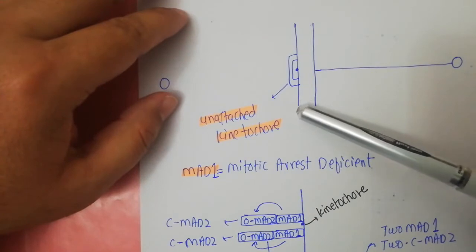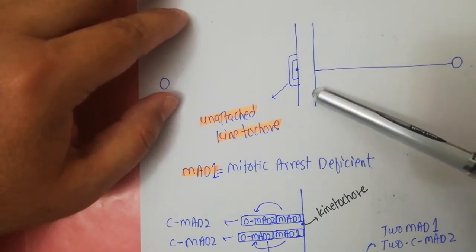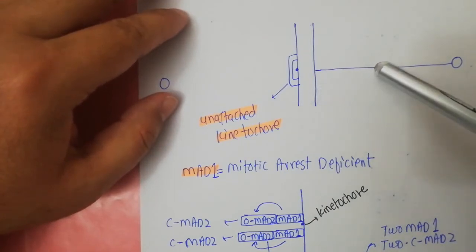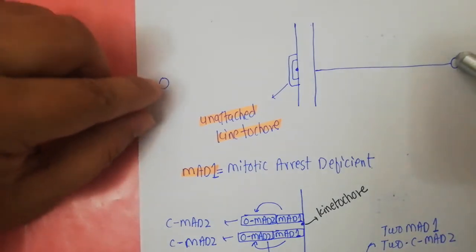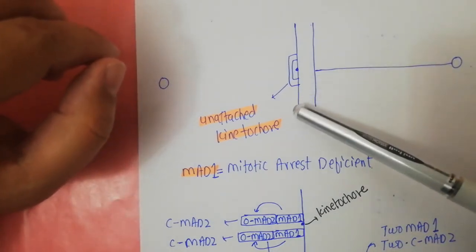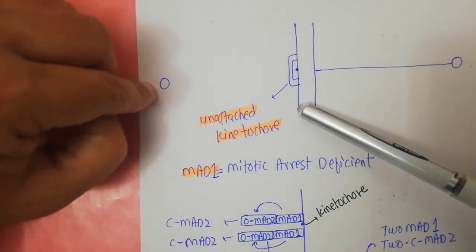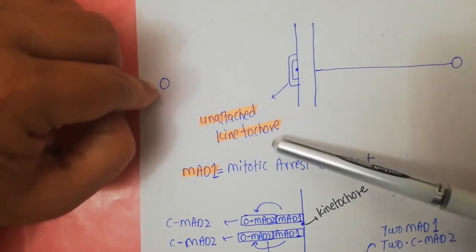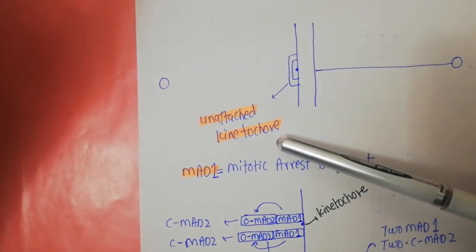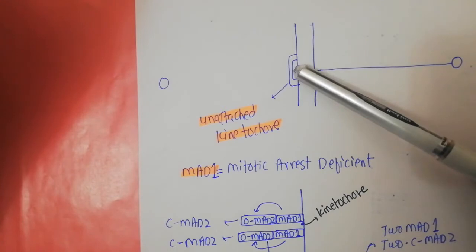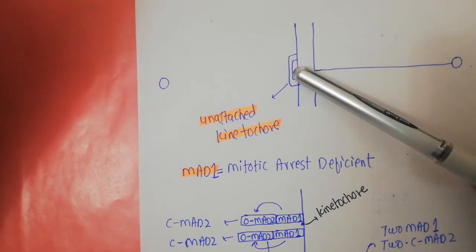One member of this pair is attached to the kinetochore microtubule from this pole, but the other member of this pair is not attached to the kinetochore microtubule from this particular end. We call this the unattached kinetochore. Unattached in the sense that to this particular kinetochore, no kinetochore microtubule is attached.